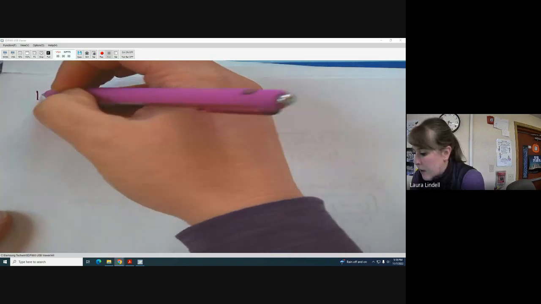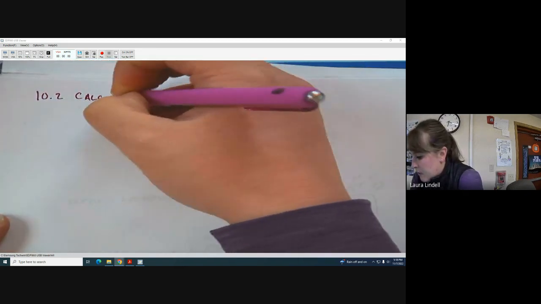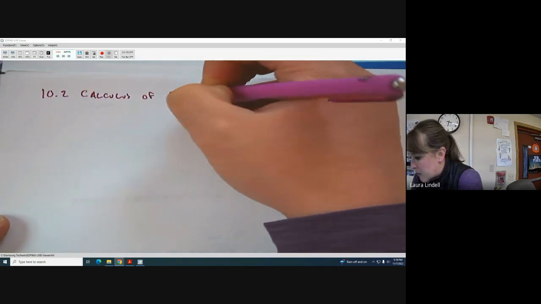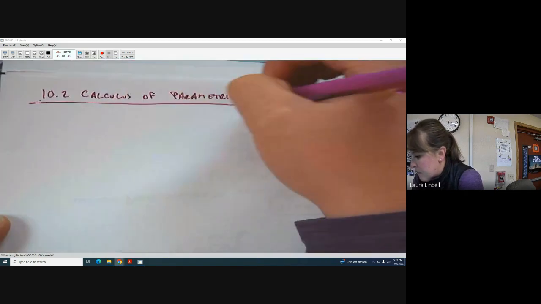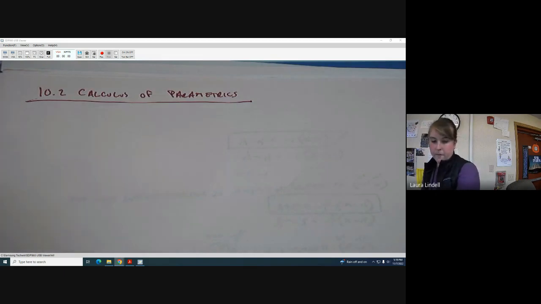10.2, calculus of parametrics. All right. So the first thing is kind of how you would expect it to be with the derivative.